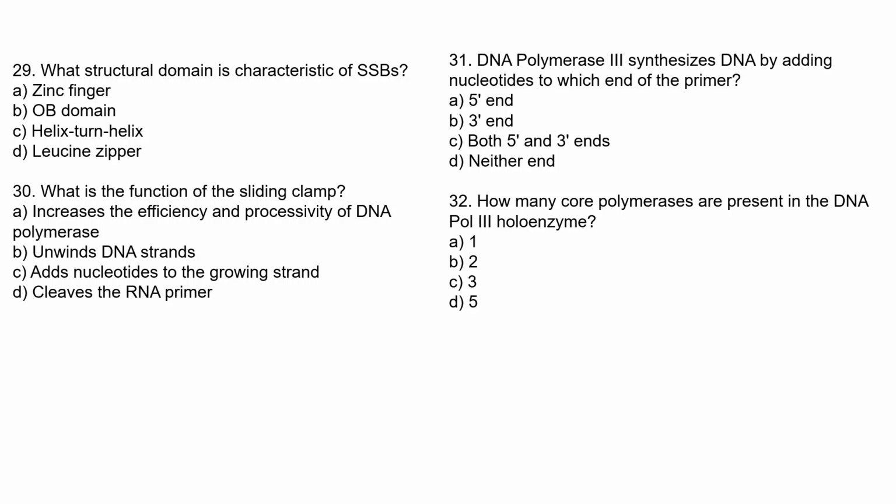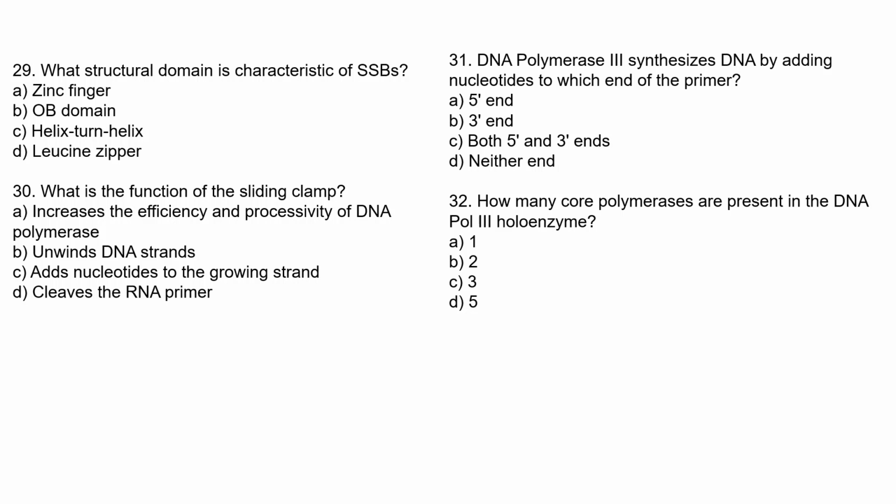So how many are there? Then there's 3, right? So that's the answer. It's option C, 3. So the DNA polymerase 3 holoenzyme has 3 core polymerases.